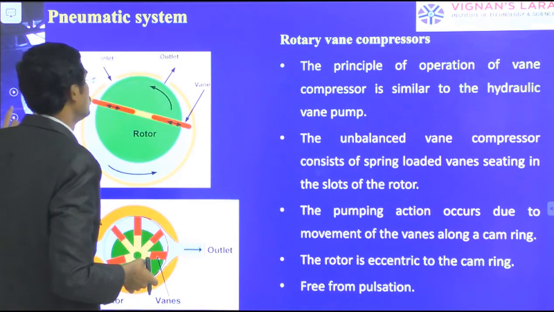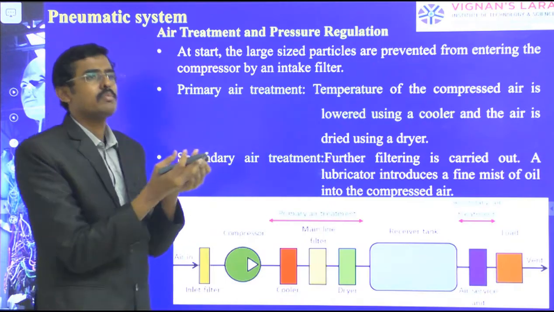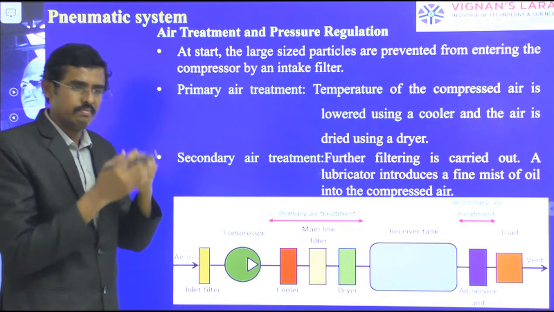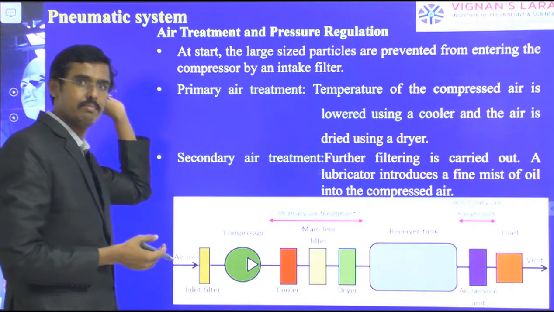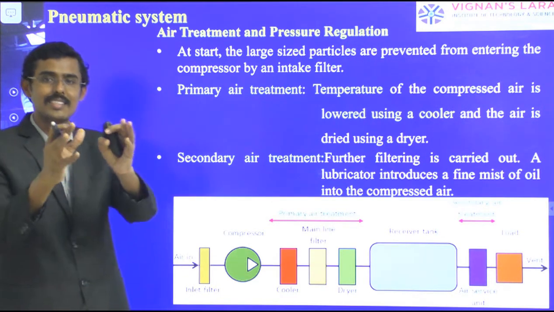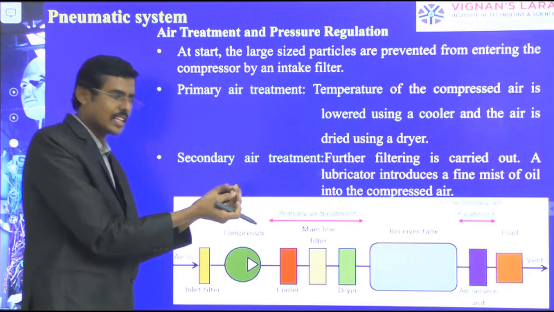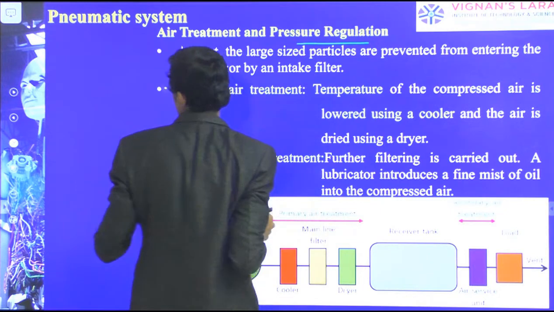Those things we have seen. The various types of compressors we have done. This part we have already seen at the very beginning of the compressed pneumatic systems. Let us split out a few points: the air treatment and the pressure regulation.